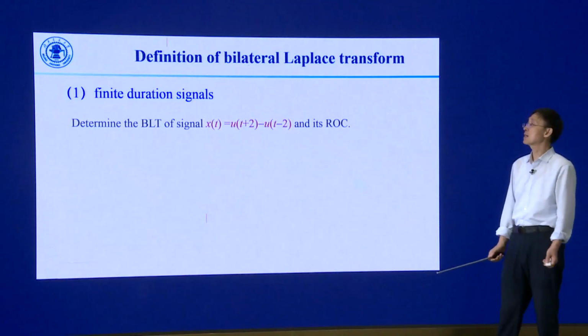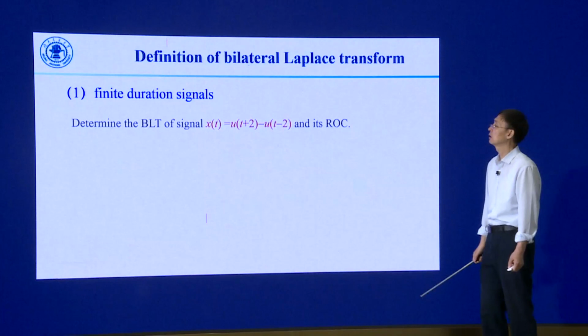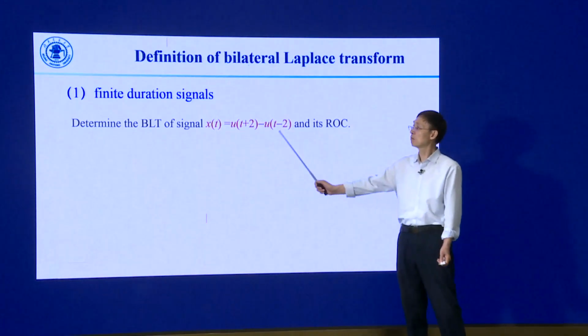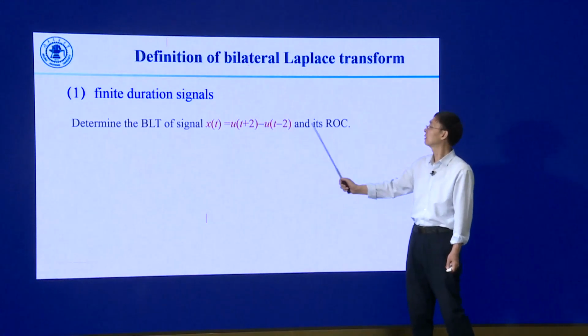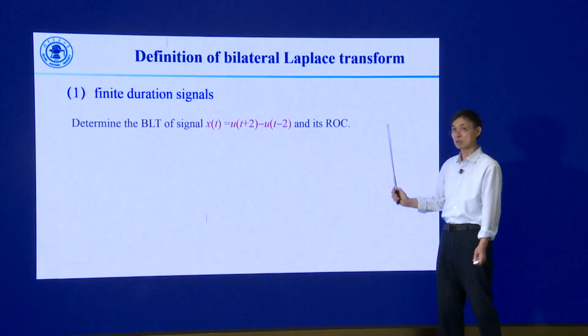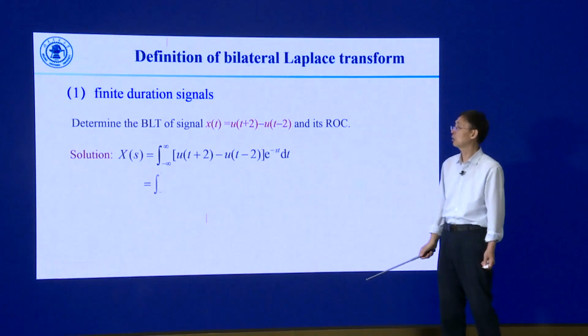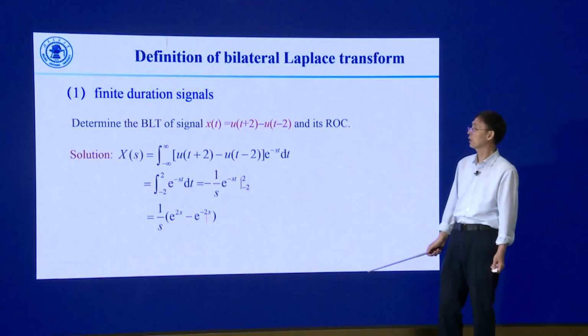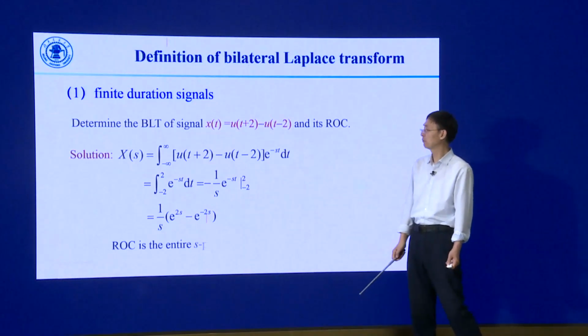First, we'll discuss finite duration signals. Determine the bilateral Laplace transform for the signal and its ROC. According to the definition, we can get its bilateral Laplace transform.